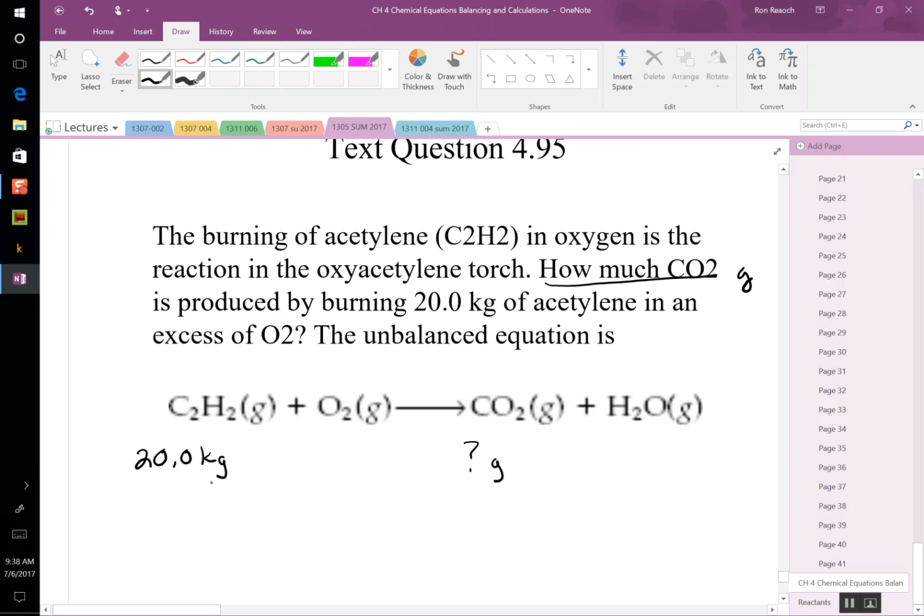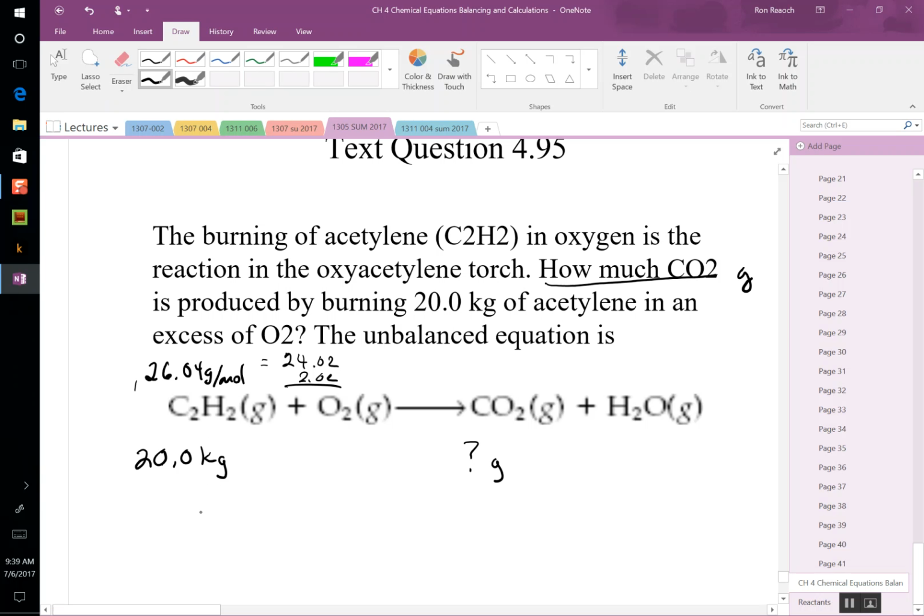Okay, this is a little bit tricky because that's kilograms. And remember, molar masses are in grams. You're going to have a molar mass up here. So the molar mass of this is 26.04 grams per mole. This is kilograms.